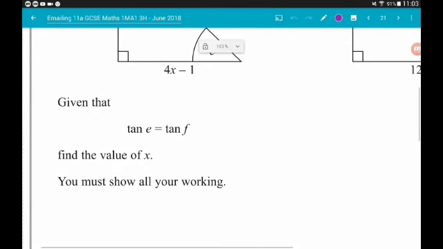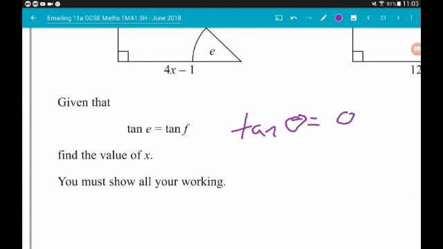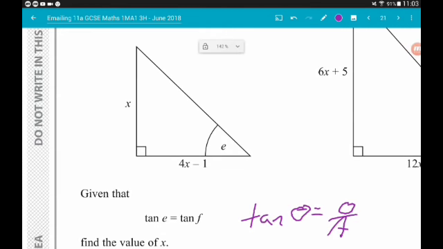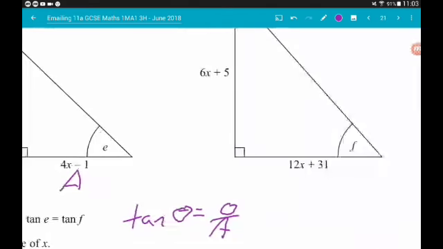So for this we need to remember TOA from SOHCAHTOA tells us tan theta is equal to the opposite over the adjacent. So in each of these triangles we have the opposite and the adjacent to the angle.